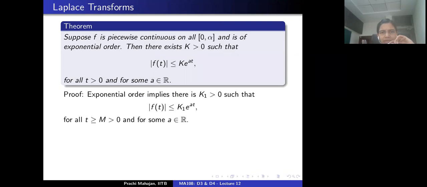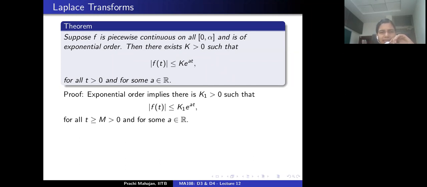All right. So let's quickly fill in the proof. Saying that f is of exponential order means that the absolute value of f is at most some constant k1 times the exponential from some stage onwards.